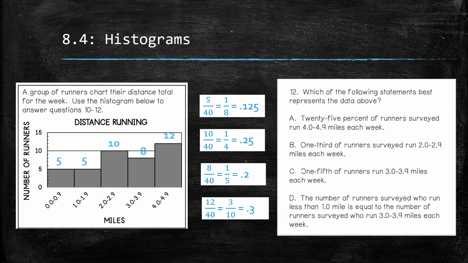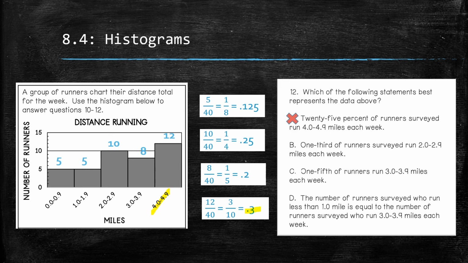Looking at A, 25% of the runners surveyed run 4 to 4 9/10 of a mile each week. When I look at that, that one corresponds with this one, which is 30%. So that is incorrect.